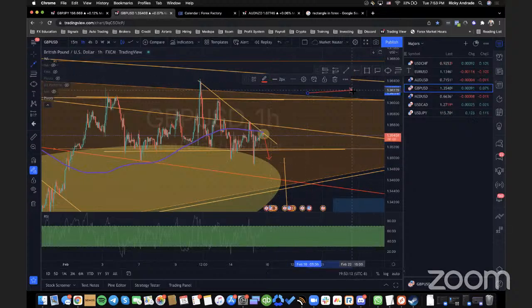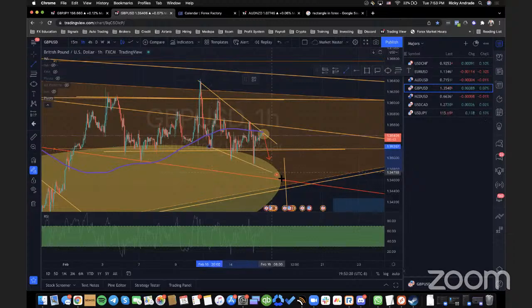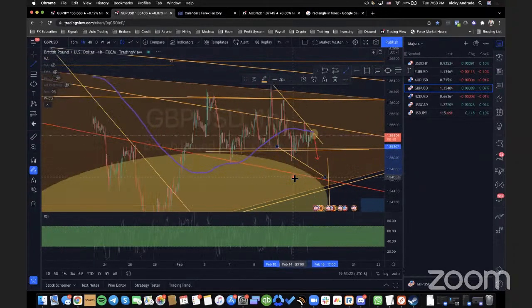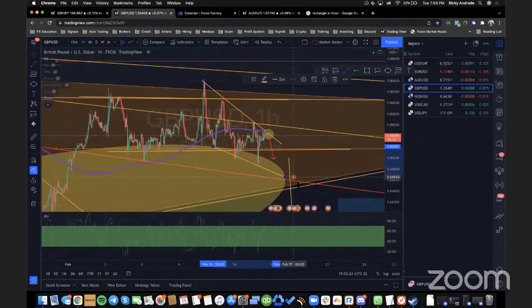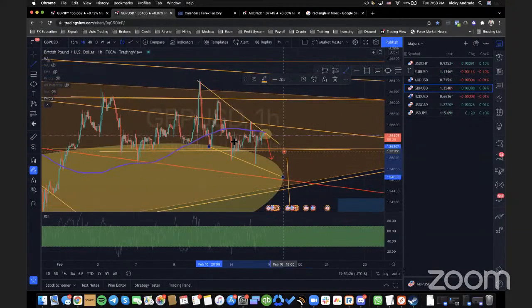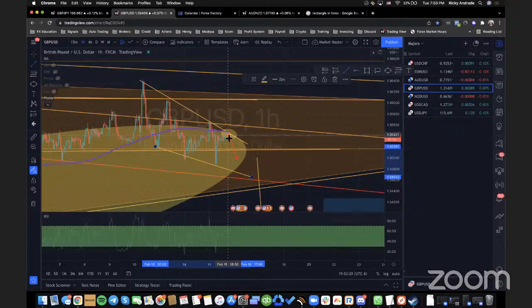Overall, just based off the momentum here, it's showing it's dropping down. So more chance of it dropping down, and it's showing some bearish movement right now.